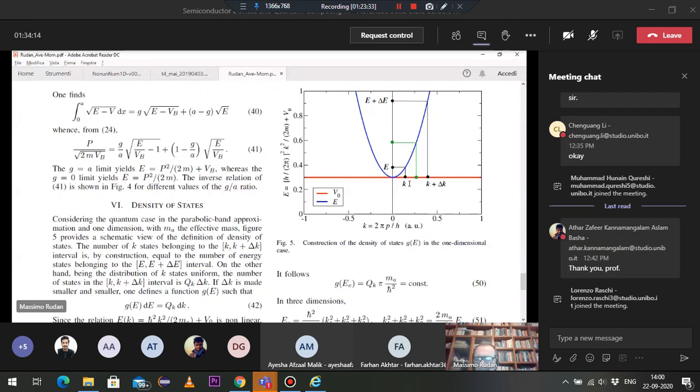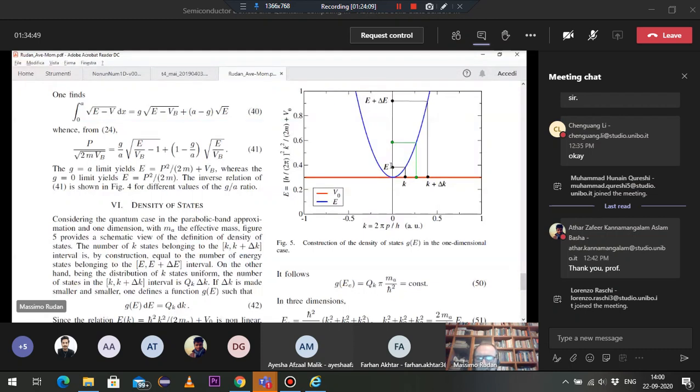So they have a constant density, okay? The corresponding points of energy along the vertical axis are not equally spaced because the relation between K and energy is nonlinear. Okay? In this simple example, it is parabolic, but the reasoning can be repeated also for a non-parabolic form of the band. Okay?